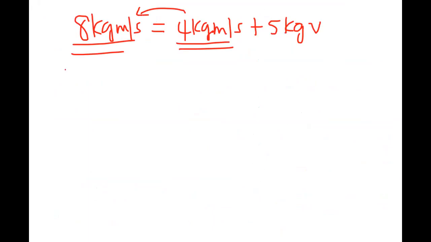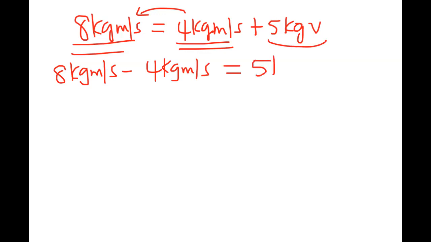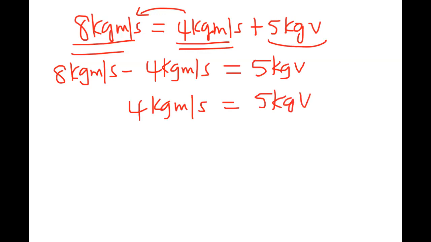So it will be 8 kilogram meters per second minus 4 kilogram meters per second is equal to what I'm remaining with, 5 kilograms times V. Now this will give me 4 kilogram meters per second equal to 5 kilograms times V, where V is the velocity of the 5 kilogram car after a collision.